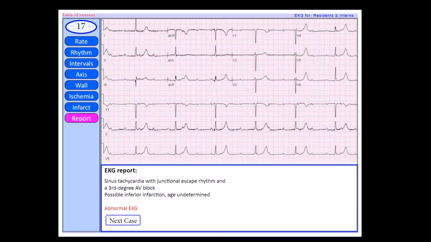And finally, abnormal or normal EKG. So for this EKG, the report will be as the following: sinus tachycardia with junctional escape rhythm and a third degree AV block, possible inferior infarction, age undetermined, abnormal EKG. Thank you.